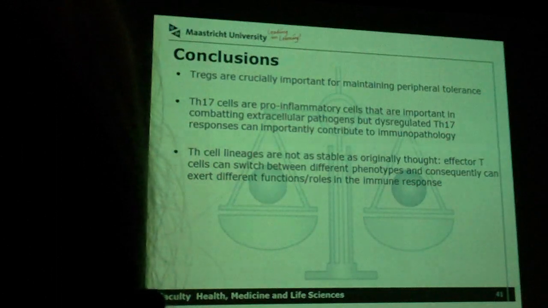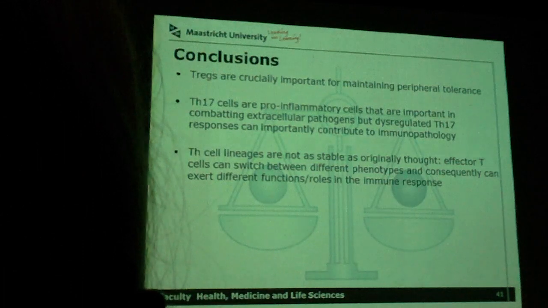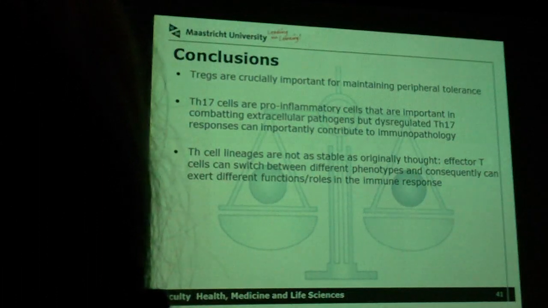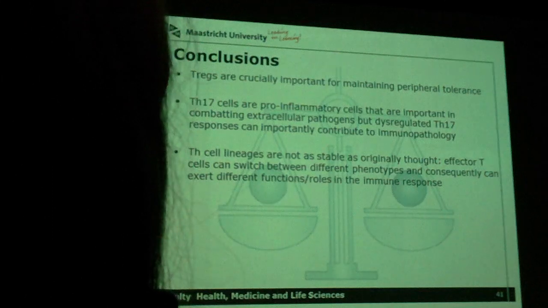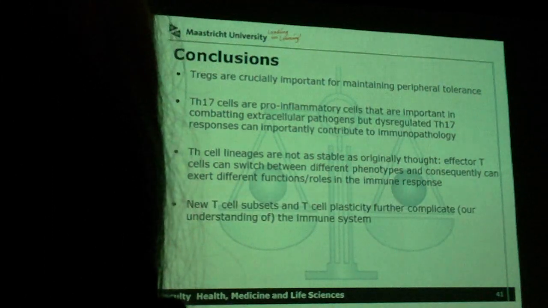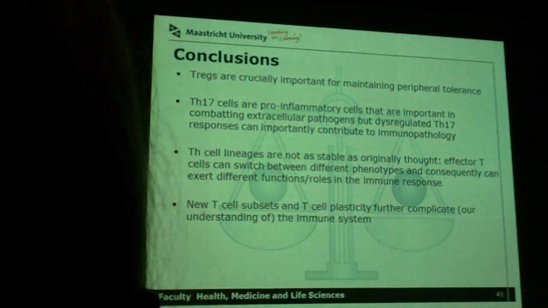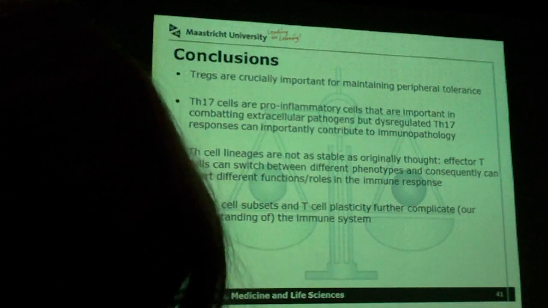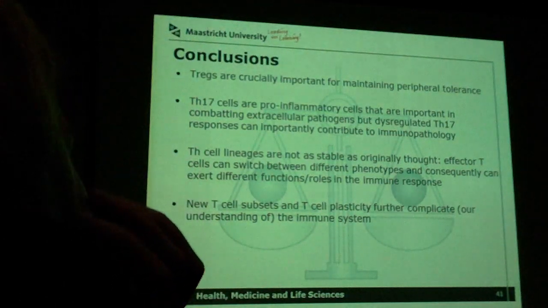To help us understand cell lineages, we try to put every T cell in a box, but perhaps it is more complicated. T cells can also switch from one subtype to another. So they are not as stable as originally thought. New T cell subsets and T cell plasticity complicate our understanding of the immune system, and this will lead to new insights, certainly in the upcoming years, I think.